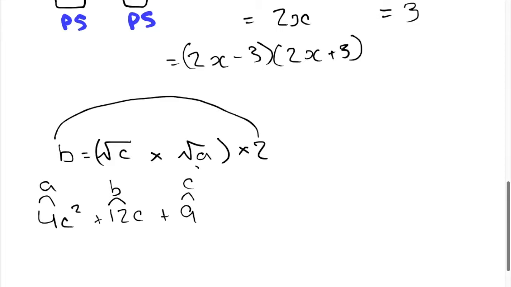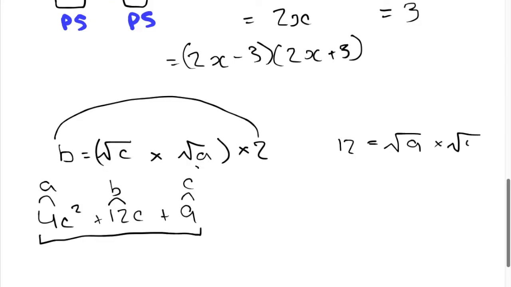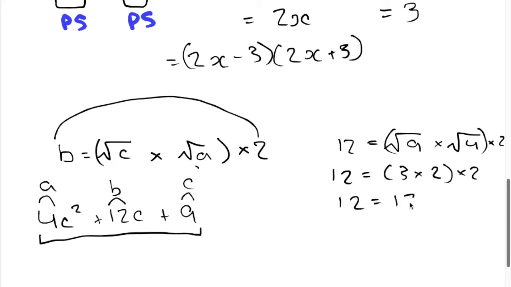If this equation works, then we know that this given expression here is a perfect square equation. So if we plug in 12 for b, 9 for c, and 4 for a, and multiply the whole thing by 2, in the bracket we have 3 times 2 and times 2 over here, and we get, without a doubt, 12 is equal to 12.